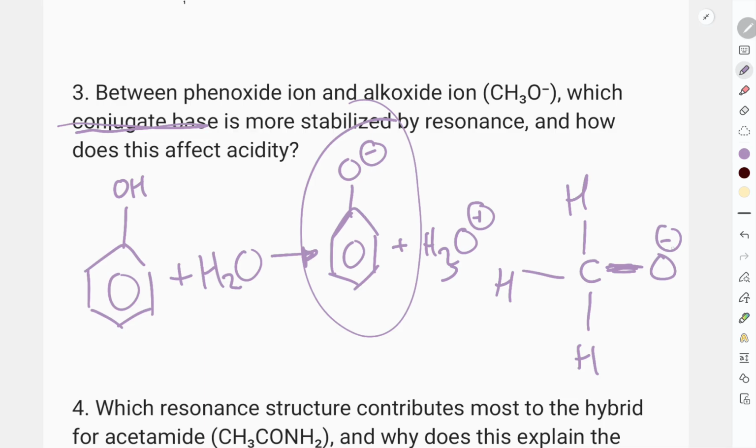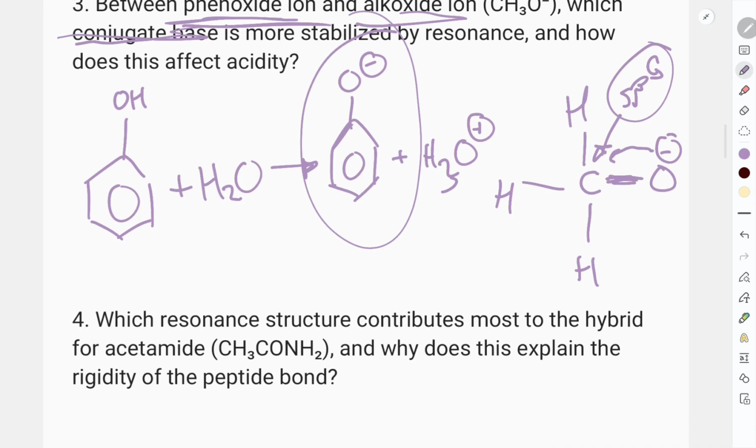This will not have any resonance because, again, this carbon is sp3 hybridized. Therefore, there is no lone p orbital to delocalize this charge. So phenoxide is more stable than alkoxide.